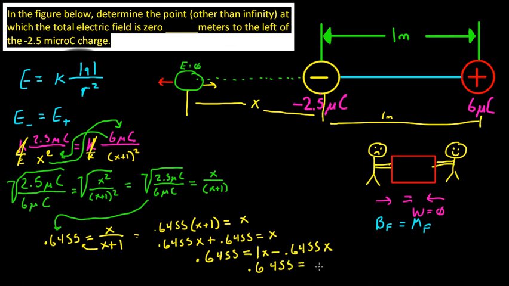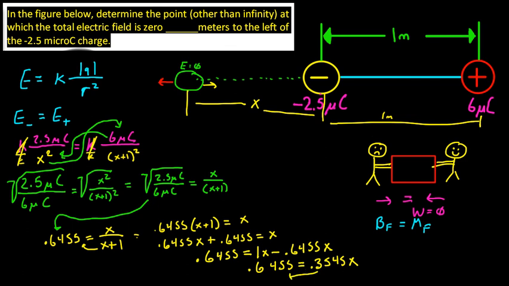So now we've got 0.6455 equals 0.3545x. To solve for x, we take this 0.3545 and put it under here.